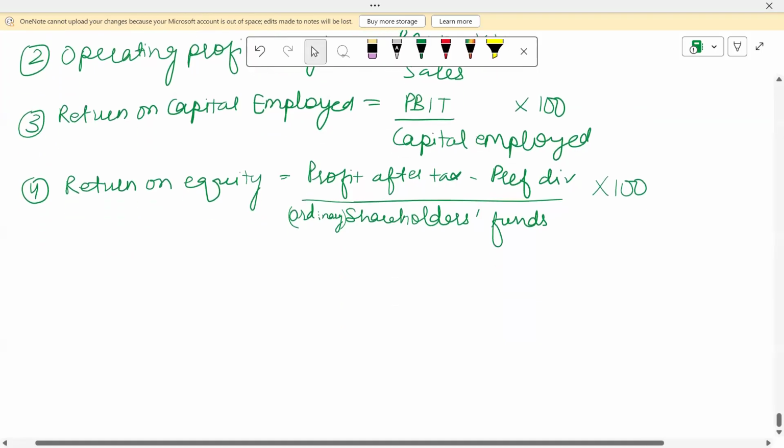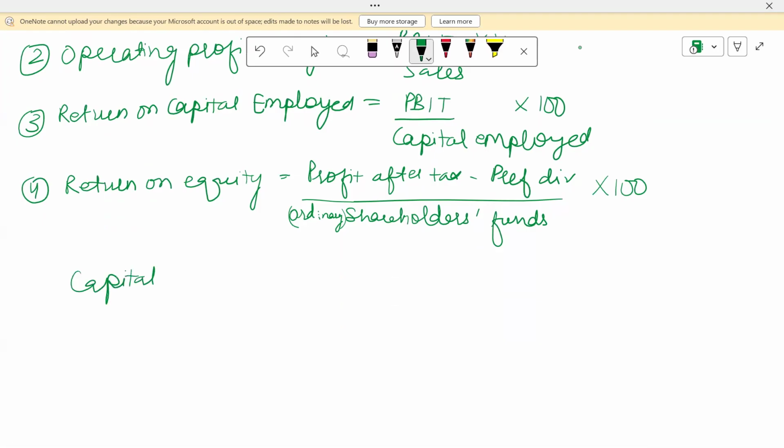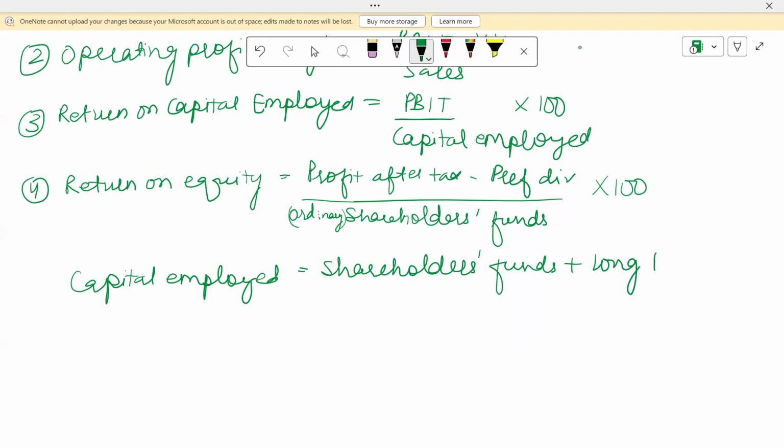Now, how are you going to find out the capital employed which we have studied? Capital employed is equal to shareholders funds plus long-term liabilities.